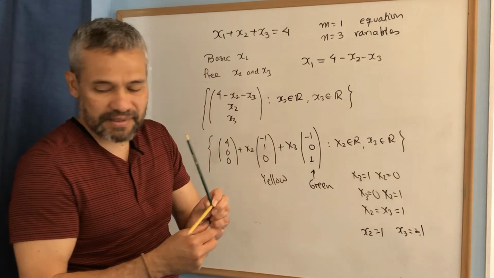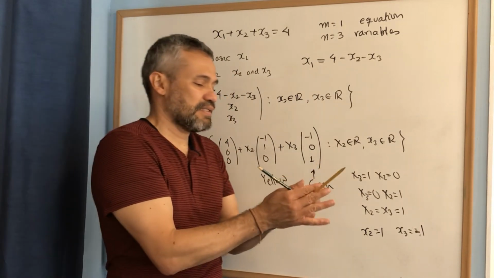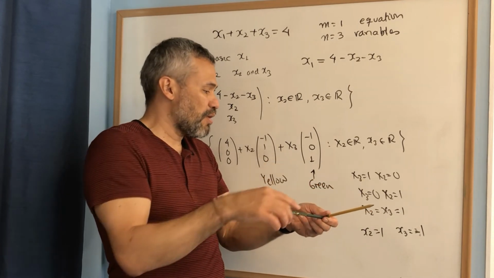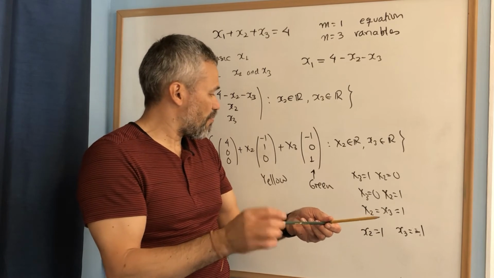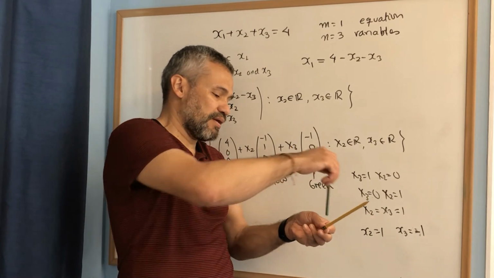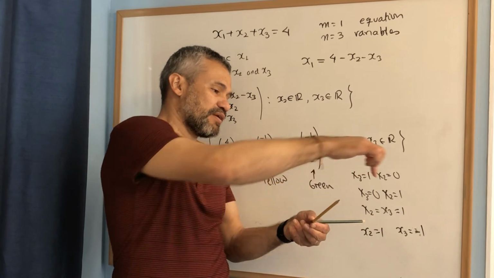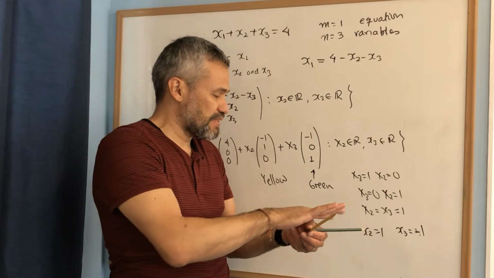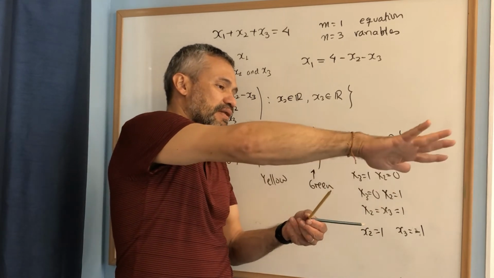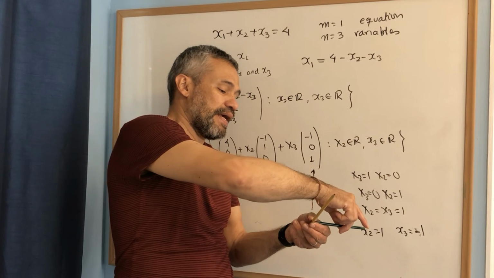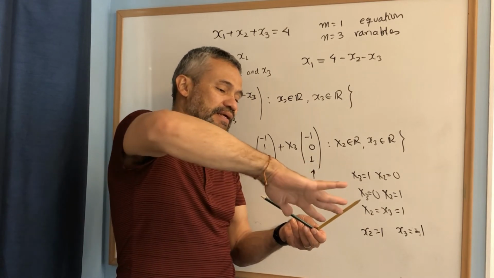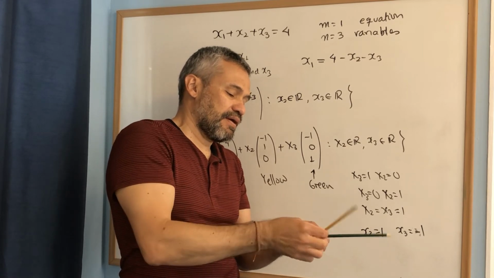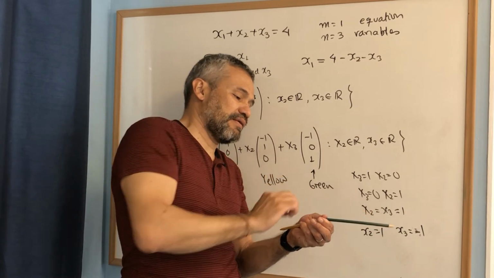What point do we get? This would be the yellow vector minus the green one, and the sum of these two vectors would be this point here. In general, when x3 is negative and x2 is positive, we get everything that is here. When both are positive, we get this quadrant here. When both are negative, we get everything in this quadrant here.